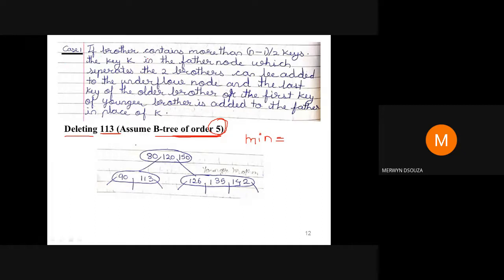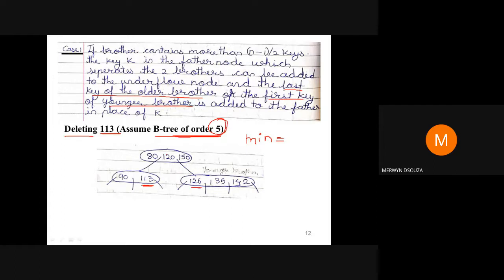The first case is this: if the brother contains more than (n minus 1) divided by 2 keys, then the key k in the father node which separates the 2 brothers can be added to the underflow node. And the last key of the older brother, remember, the last key of the older brother, so this is the older brother, so last key means this one, or the first key of the younger brother, so first key means this, is added to the father in place of k.